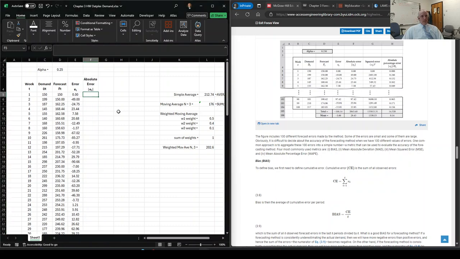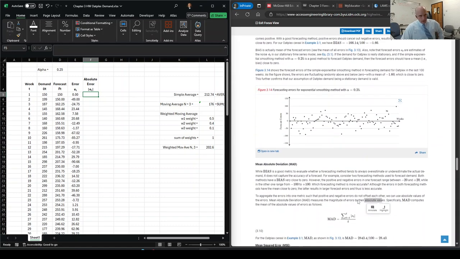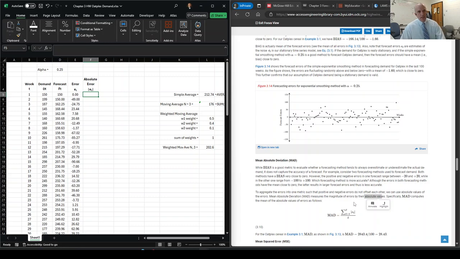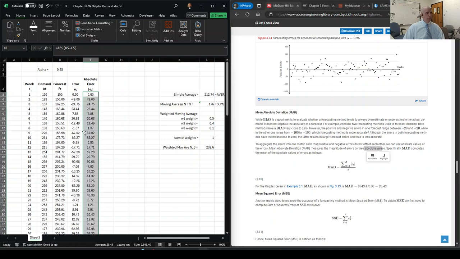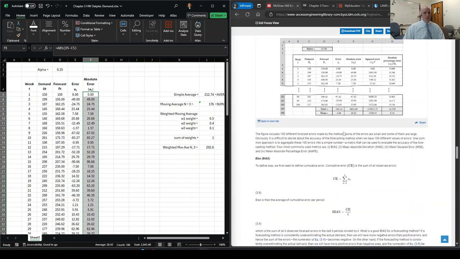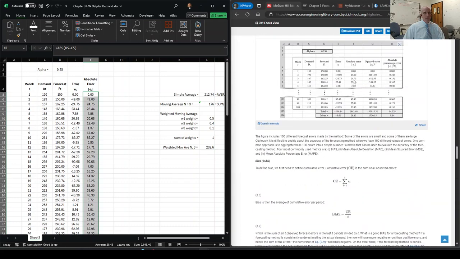So how do we calculate the absolute error? We're going to take the sum of the absolute error. So now we're just going to do, okay, what is the absolute value of the forecast minus demand? And let's sum that up. So now we have these values, and let me go back and make sure we're still aligned with the book.